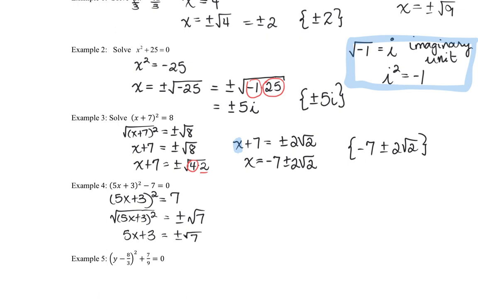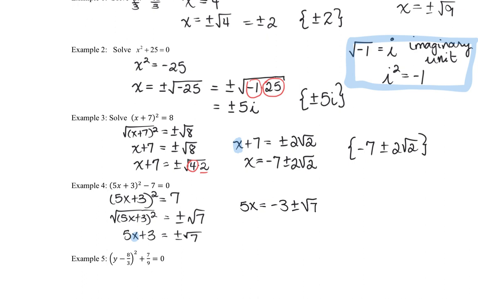Now that's not going to simplify, right? But remember, we're trying to solve for x. So the first thing we're going to do is subtract 3, and again, we're going to put it in the front. So that's going to be 5x equals negative 3 plus or minus the square root of 7.